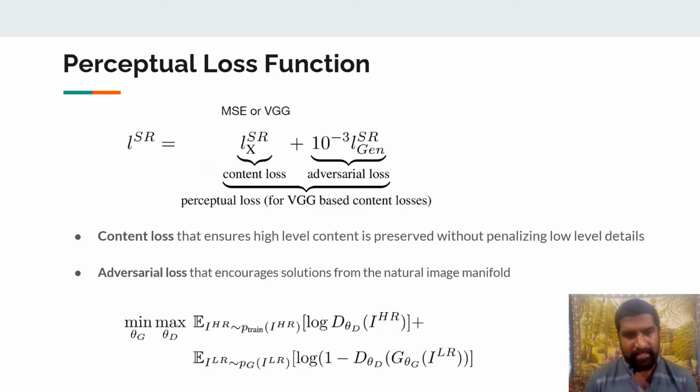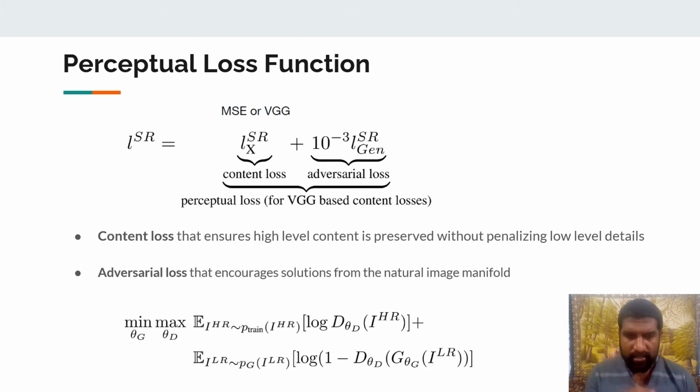Now let me explain the perceptual loss function that they have used. The perceptual loss function comprises two components: the content loss and the adversarial loss. The content loss ensures that the contents, the features of the images, are not lost, and the adversarial loss component is there to make sure that the image looks real.